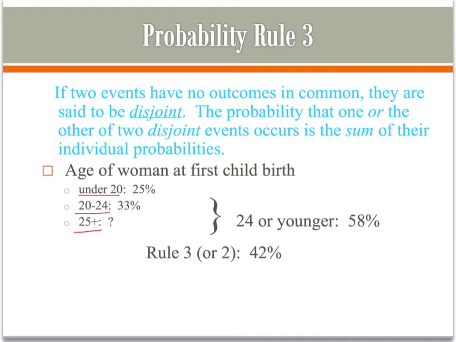And we know that all of those will have to add up to 1, or 100%, because that's also all the possibilities for ages. So by both rule 2 and 3, the percent that is 25 plus is 42%, or the probability that a woman is 25 plus is 42%.